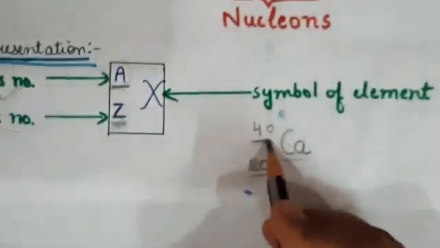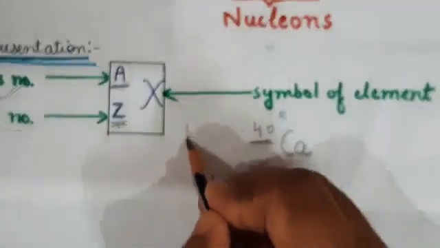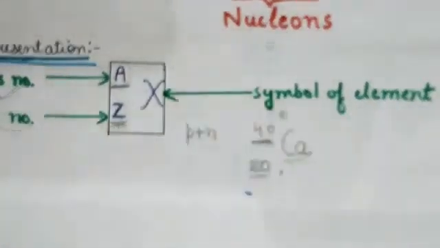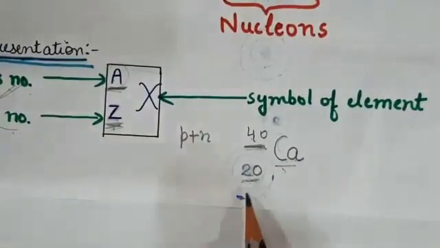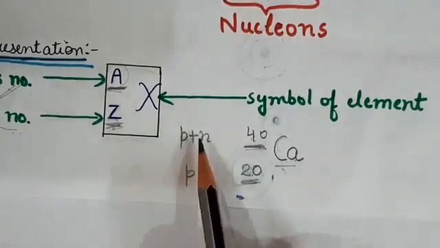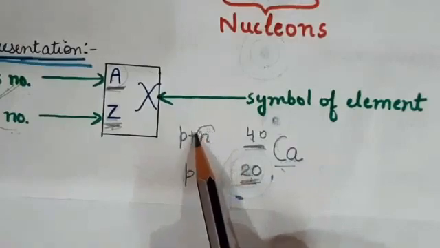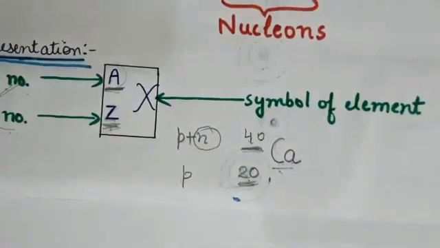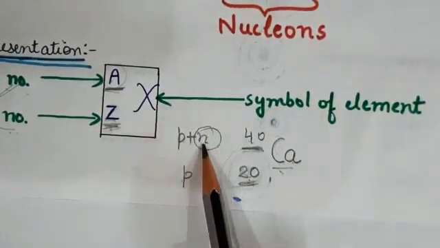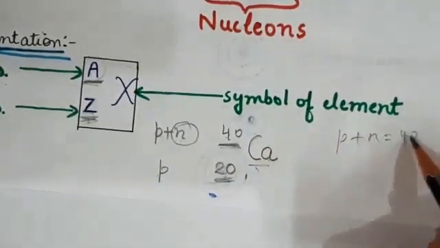Now this 40, this is mass number. What is mass number? Proton plus neutron. That is 40. And what is 20? 20 is atomic number. Atomic number is number of protons. So proton plus neutron is 40 and proton is 20. Now you can calculate what is neutron. It will be 20. How? Proton plus neutron is 40.